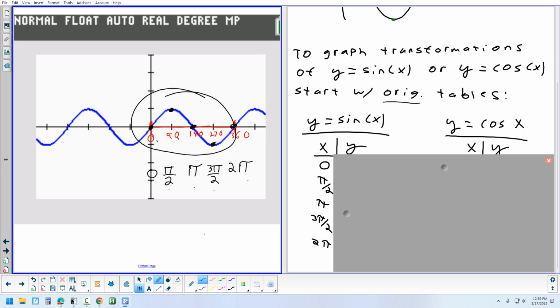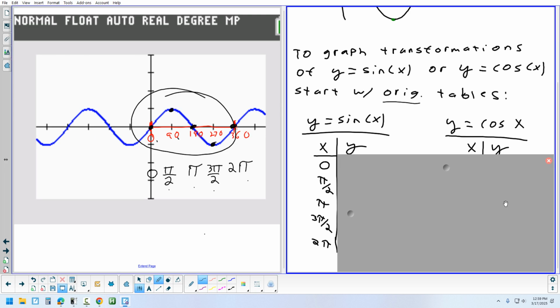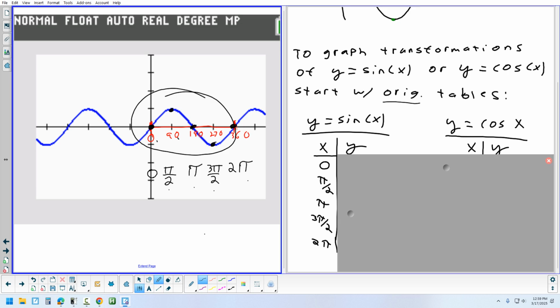What we need is the y values. So let's start with the first point. What's the y value of that point? 0. Yeah. Starts right at the origin. And then when you get to pi over 2, what's the y value there? 1. And then when you get to pi, 0.